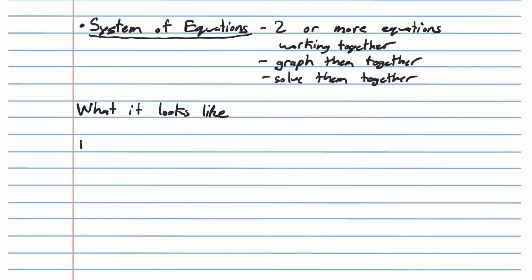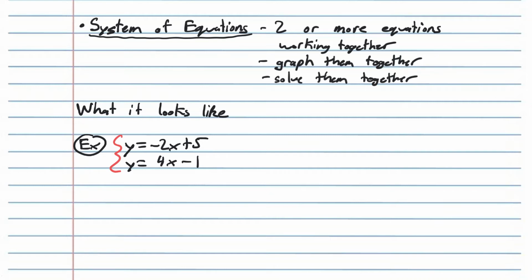A standard example would be where your first equation is y equals negative 2x plus 5, and your other equation is y equals 4x minus 1. So two different equations, but we're giving them to you at the same time, so that's what we call a system of equations. Sometimes they'll put in a little mark like this, saying that it's a system. Sometimes they don't. It just depends on who's writing the questions.